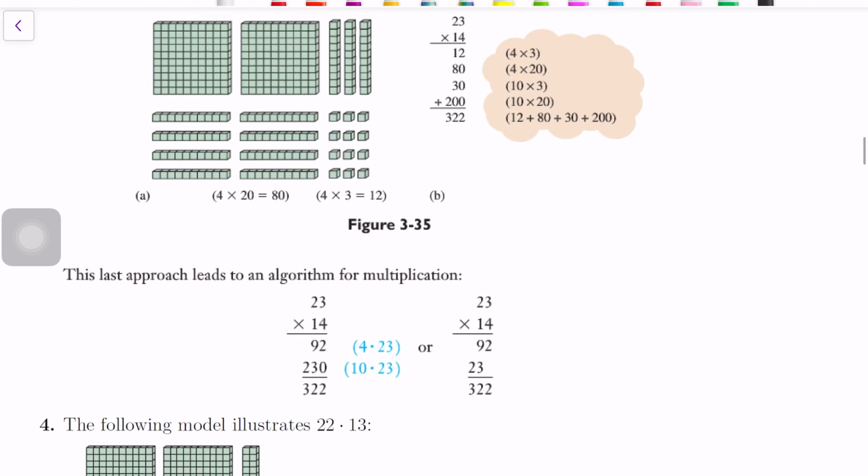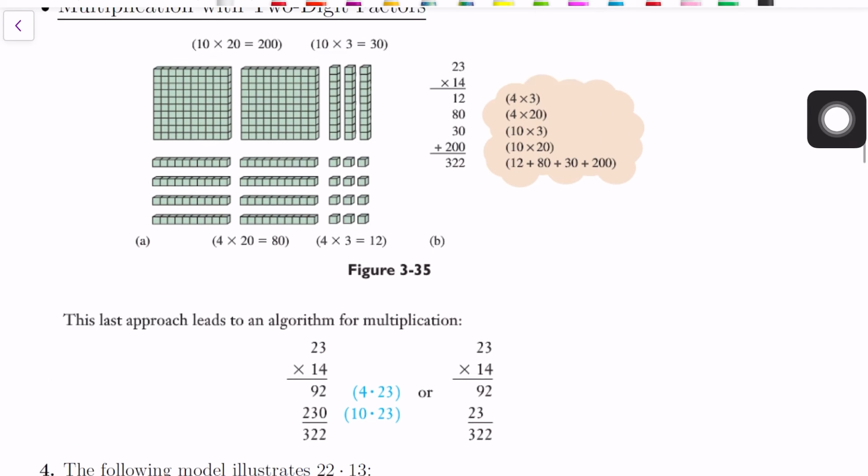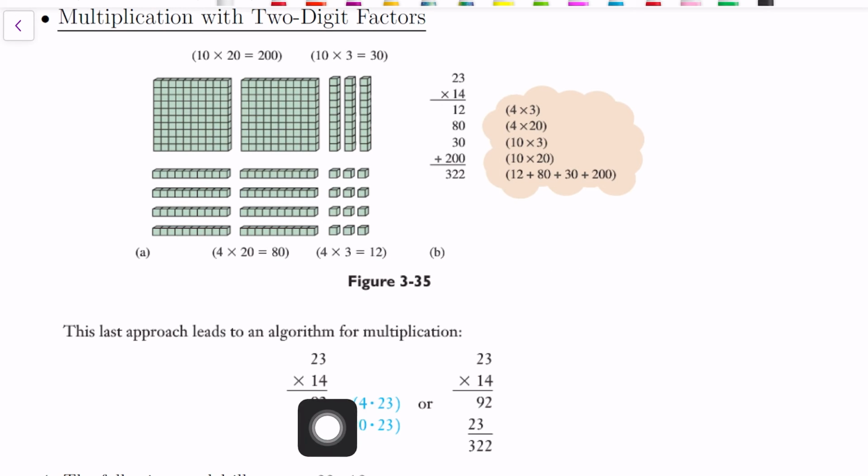And you have what you need, which you also can write. So this expanded algorithm here, you can also write in standard algorithm. And how do we work on it? Well, we do 4 times 3, that's 12. You write 2 and then 1 long. And then 4 times 20, now we multiply longs.